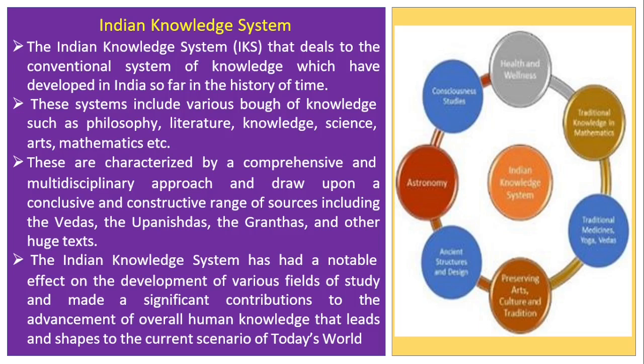Sthapatya Ved was the science of architecture and design, and Gandharva Ved was the science of music and art and dance in general. These are the branches of knowledge that flourished in India at that time, and mathematics is one of those branches.